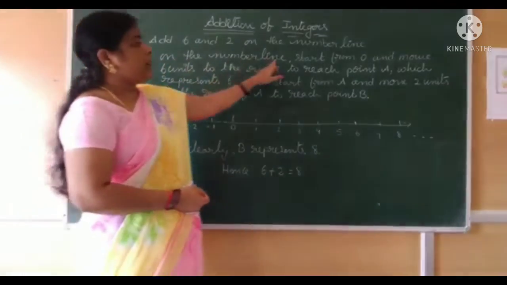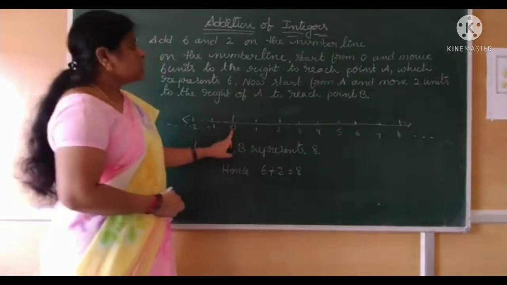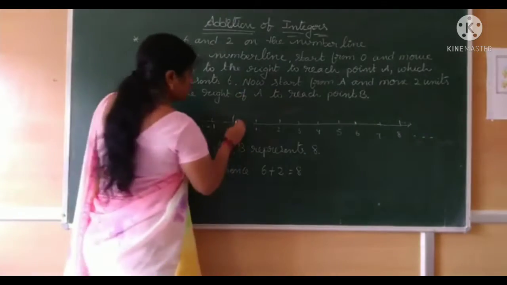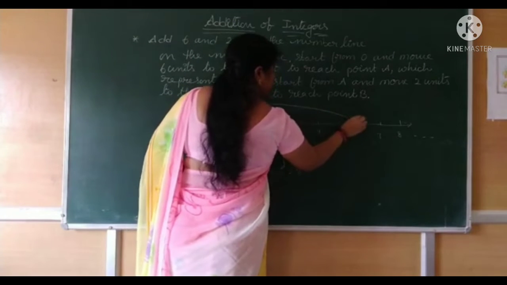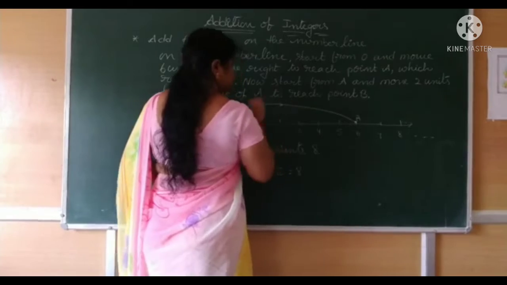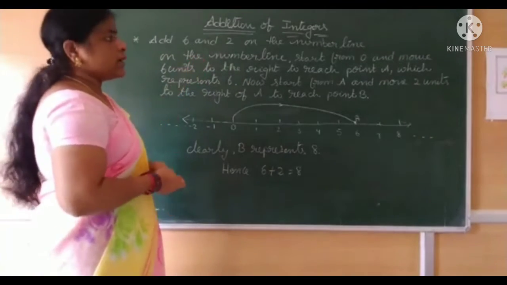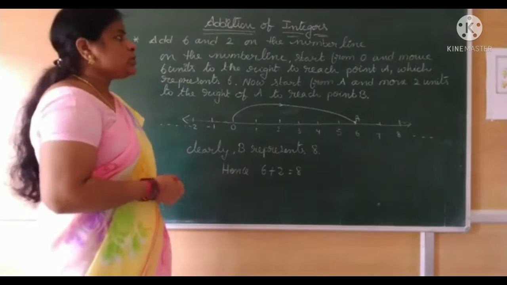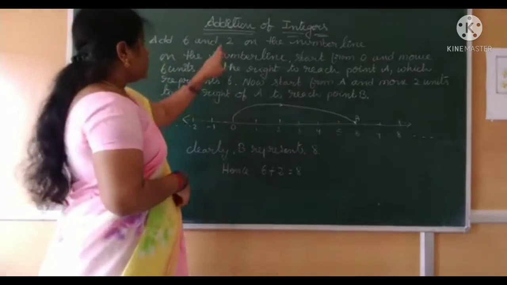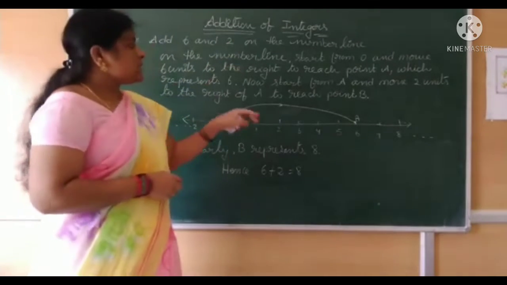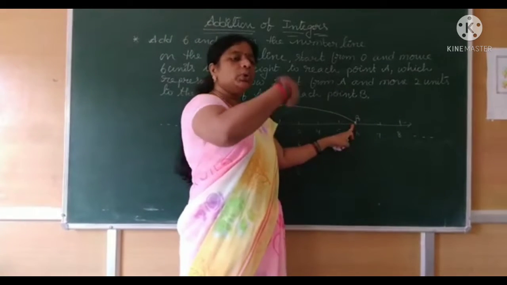On the number line, the first number is 6. So start from 0 and move 6 units to the right to reach point A. And what is the next number? 2, which is positive.